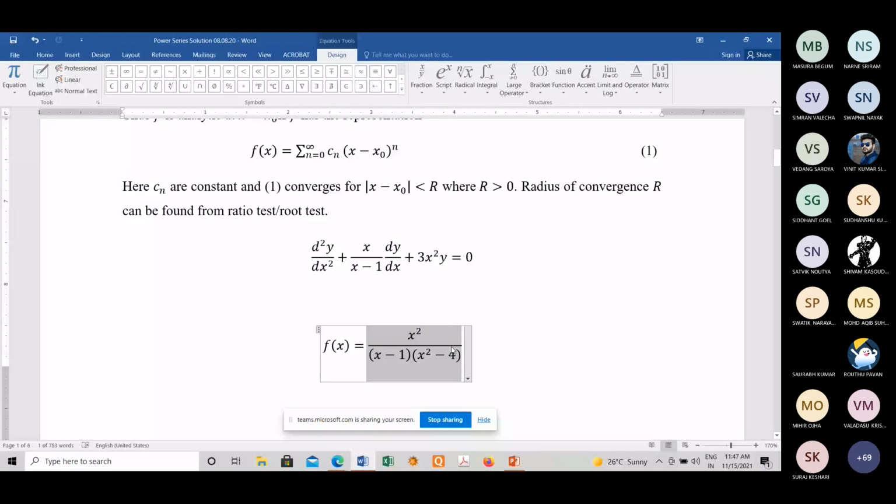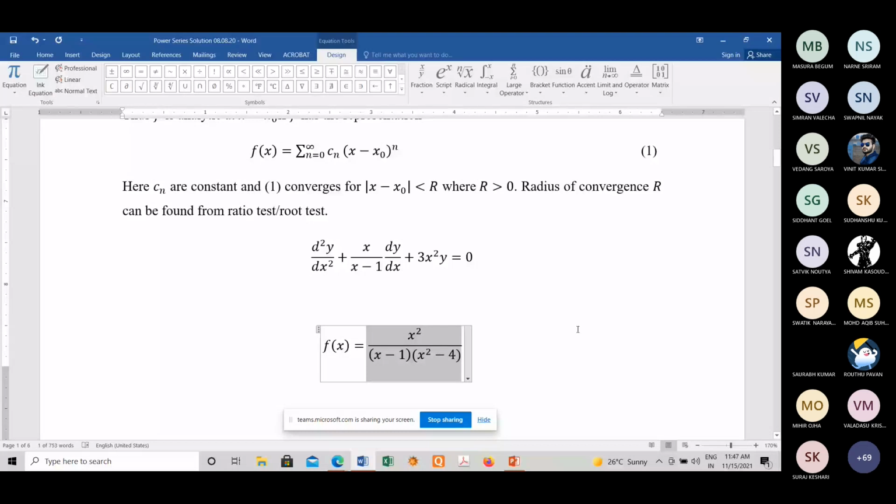Analytic everywhere? No, sir. At x equals 1 and at x equals 2, it's not. Only 2? 1, sir. x equals 1 and x equals 2. It means it will be analytic at x equals minus 2? No, sir. Yes, sir, minus 2 is also a point. So there are 3 points. It means this function will be analytic everywhere except 1 and plus minus 2.